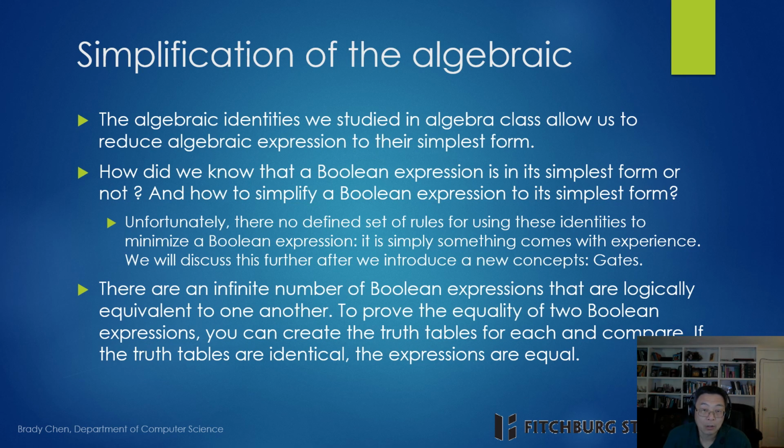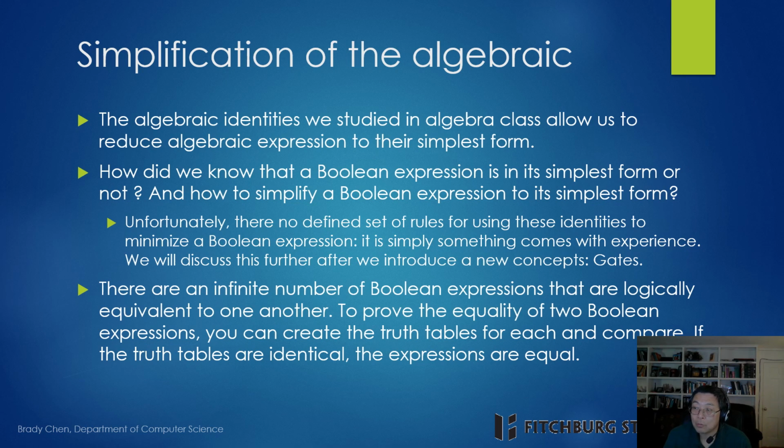Now, in module 1, we talked about how I can prove that two Boolean expressions are basically the same. We use the proof techniques, right? There are an infinite number of them.